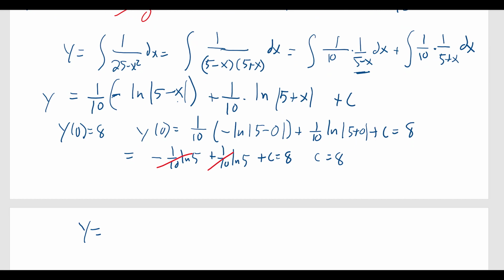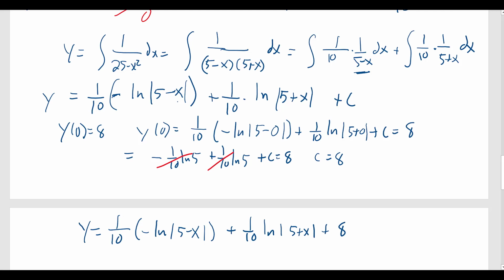Scroll down to the next page. y equals, and I'm not as good at this as some people. I don't always factor everything out. So 1/10 times negative natural log of the absolute value of 5 minus x plus 1/10 natural log of the absolute value of 5 plus x plus 8.